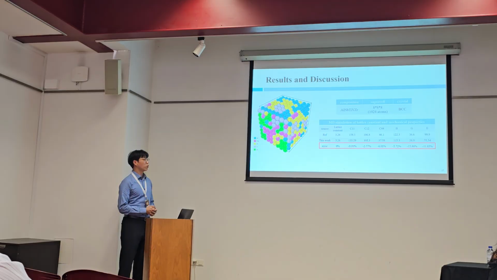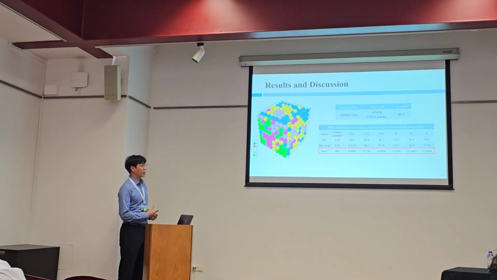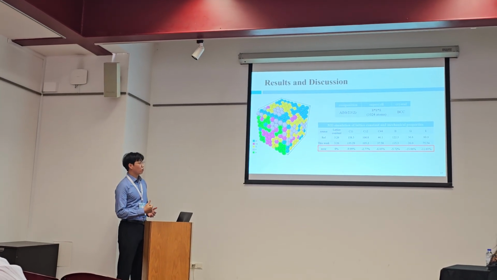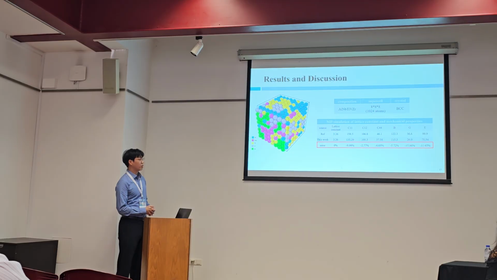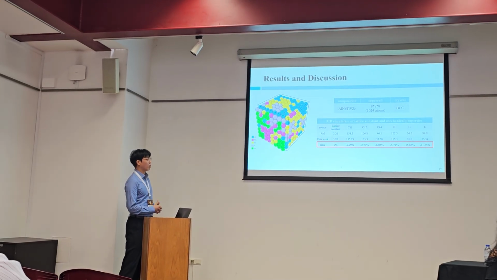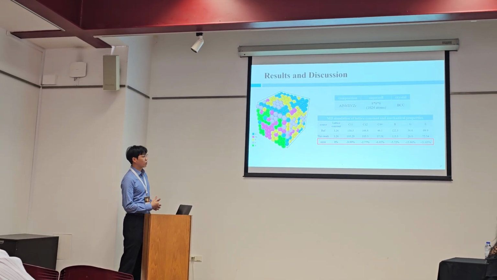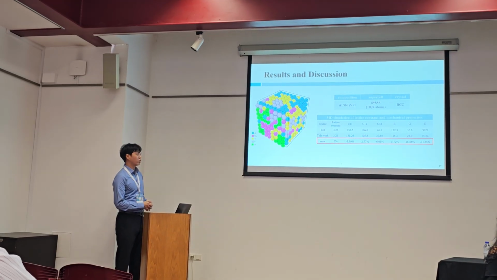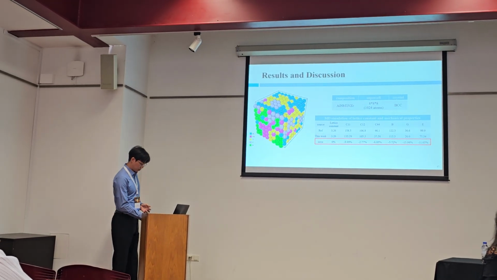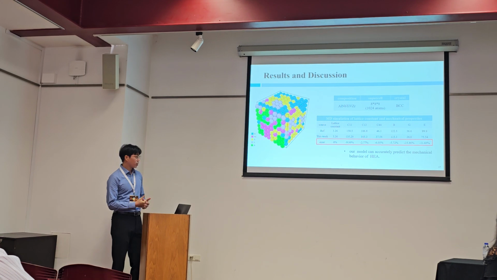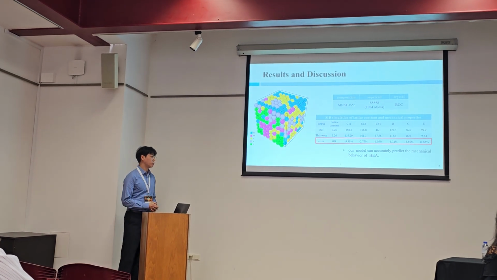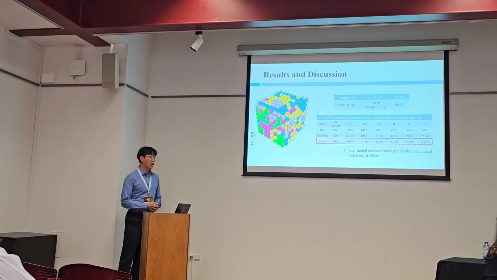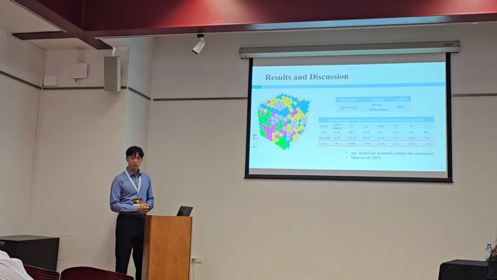And the C11, C12, C44 elastic constants show error within 10%. The bulk modulus, the shear modulus, and the Young's modulus show error around 5 to 50%. It means our model can accurately predict the mechanical behavior of a high entropy alloy.